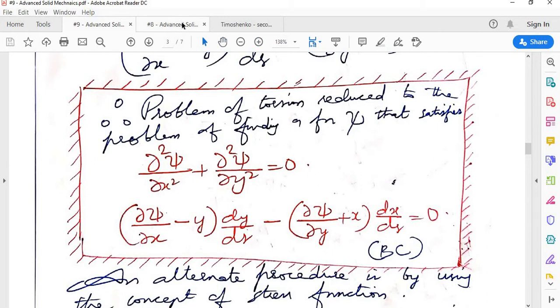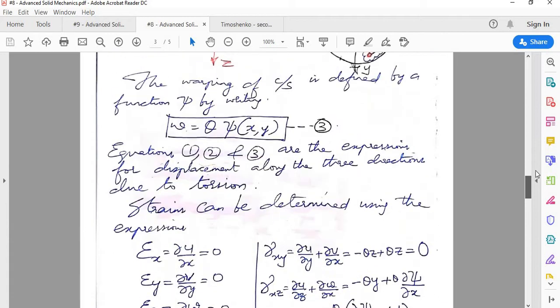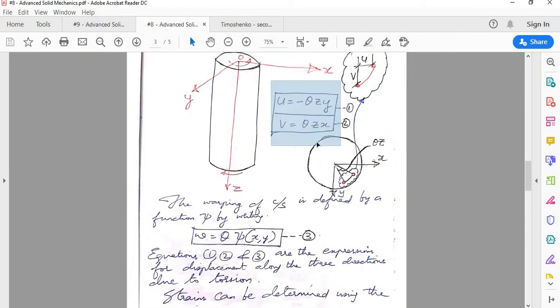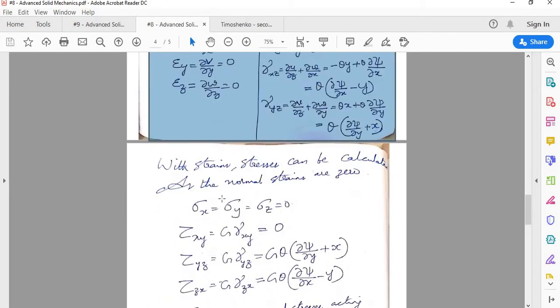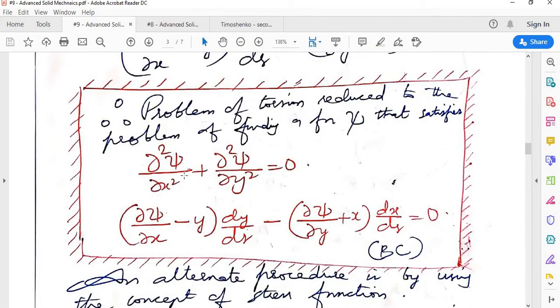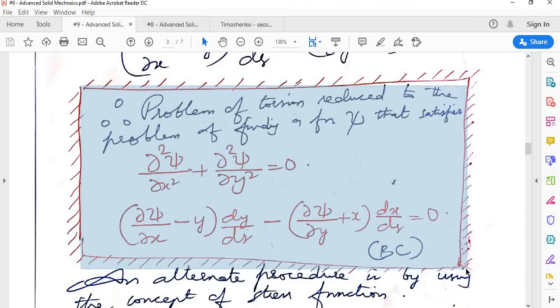When you determine the warping function, you can go back to the expressions, so you will have u, v, w, using which you can find the strains and stresses. So this is the solution for a general torsion problem for a non-circular cross section. For a circular one, it will be a simplified subset of this, where the warping function won't be there.